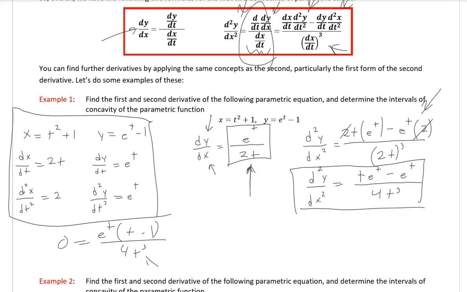Well, the denominator is not going to do anything to make this 0, but that t minus 1 is. If I set t equal to 1, then this equals 0. So t equals 1 is going to be my change of concavity.